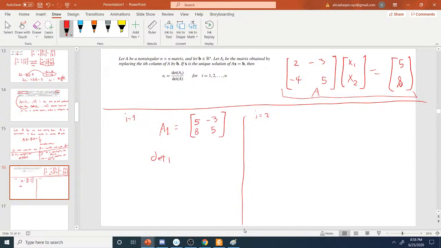The determinant of A1 is going to be equal to 25 plus 24, which will be 49. For A2, I take the matrix A and replace the second column with 5, 8. So I have 2, negative 4 here, 5, 8 here, and I take its determinant.